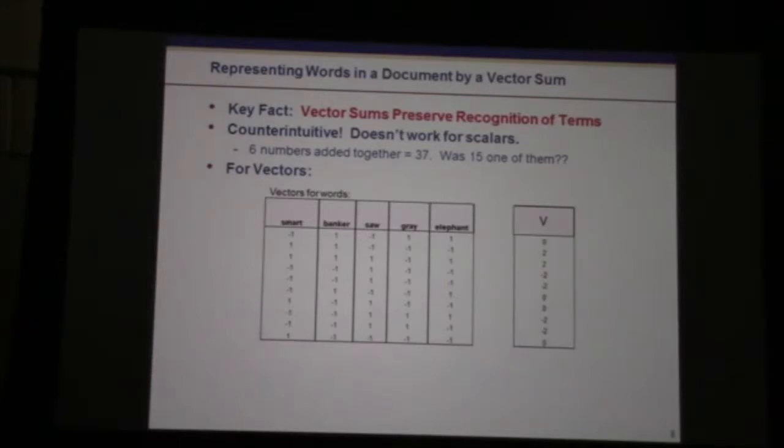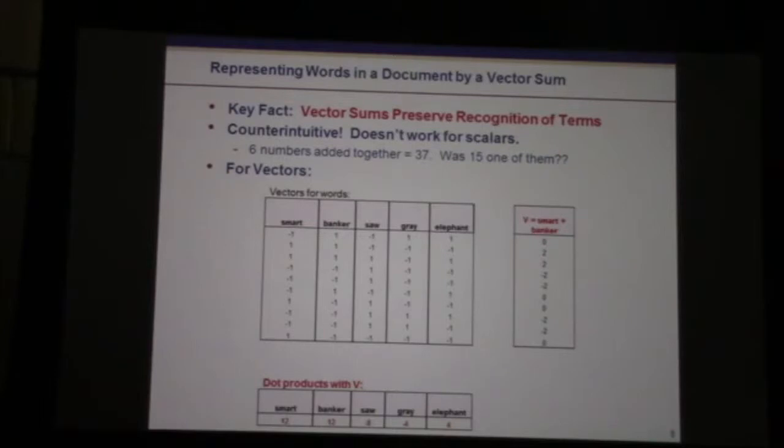The thing that's a little counterintuitive is that from V, we can tell which vectors were in that sum very efficiently. And the way to do that is we take each vector and take a dot product with the thing we're trying to figure out whether it's in the sum. If it has a high dot product, then it's very likely that it was in the sum. If it does not have a high dot product, then it's very likely that it's not in the sum. Now this is noisy.